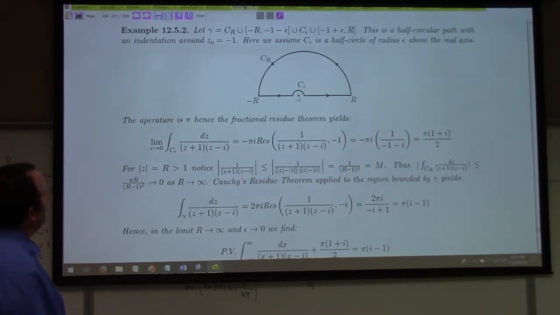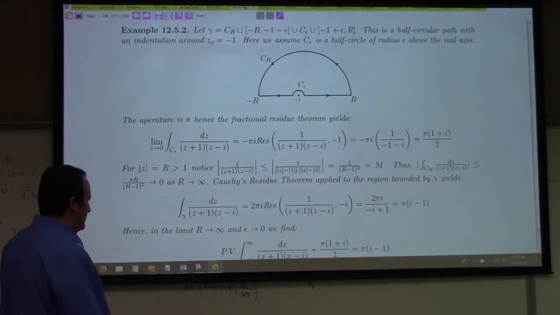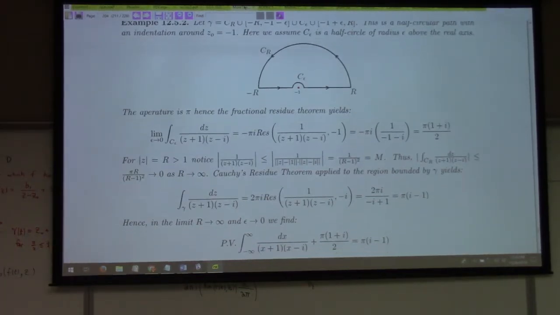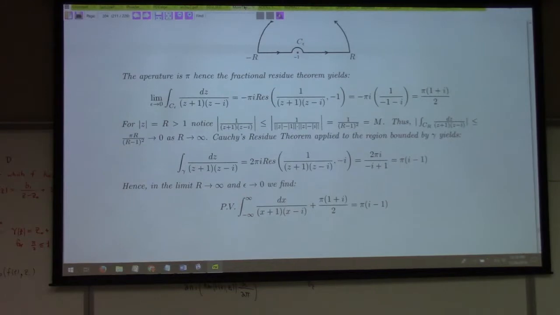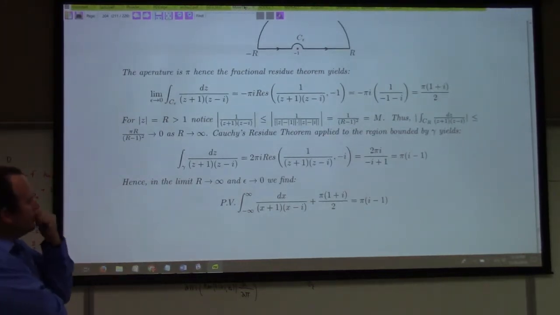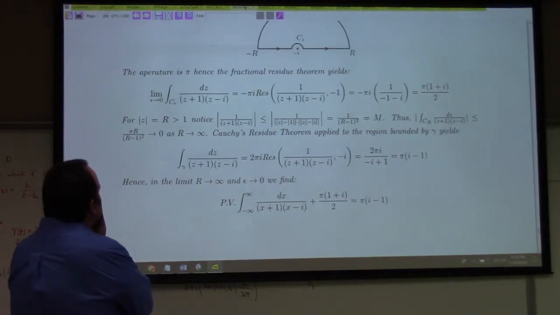Well, gamma's the whole deal. I don't quite follow my calculation in the middle there, guys. I'm sorry. If epsilon's greater than 0, that is right for gamma.